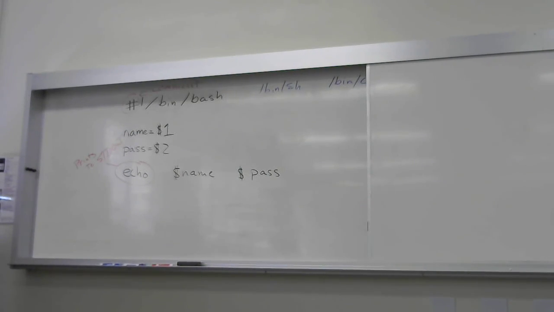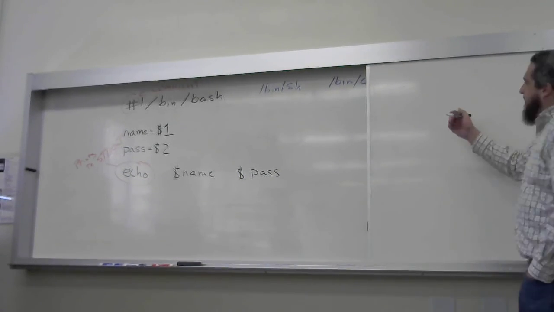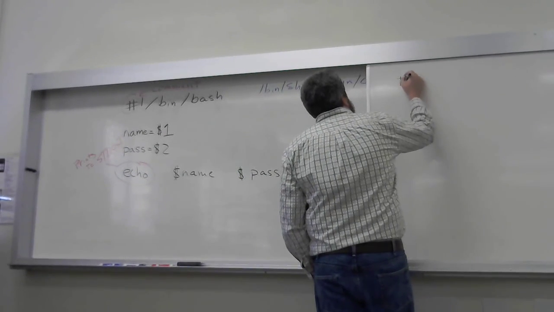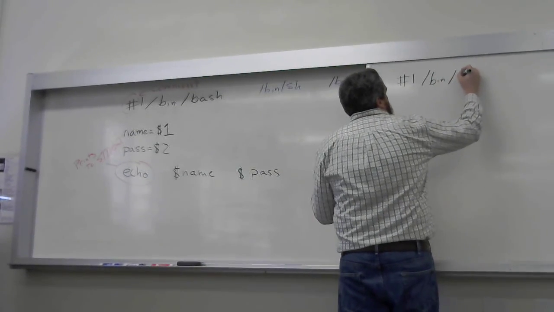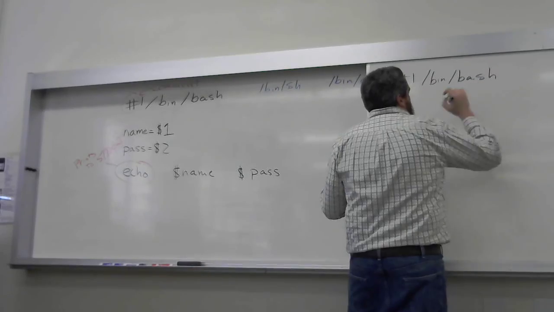How many lines does it take? 2 lines. The first line is the bin bash line. What's the second line?